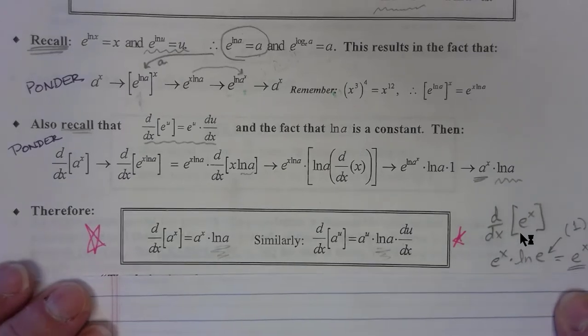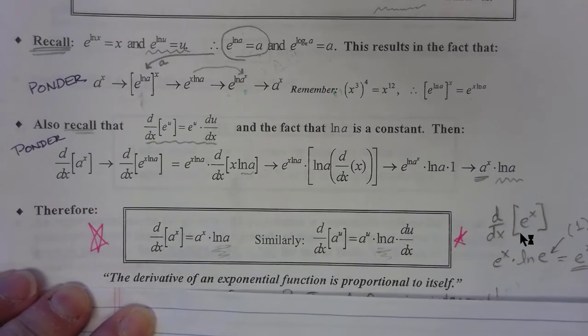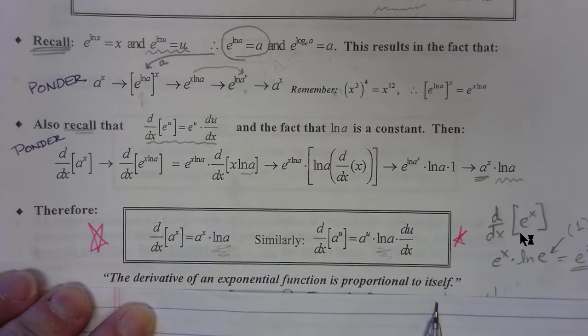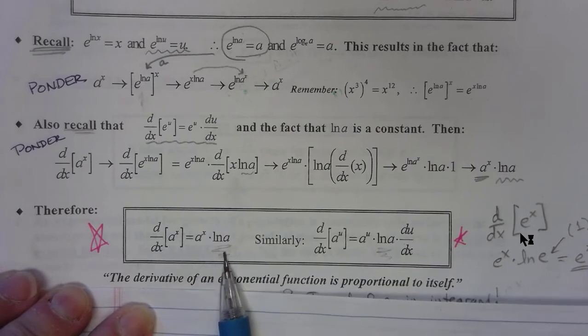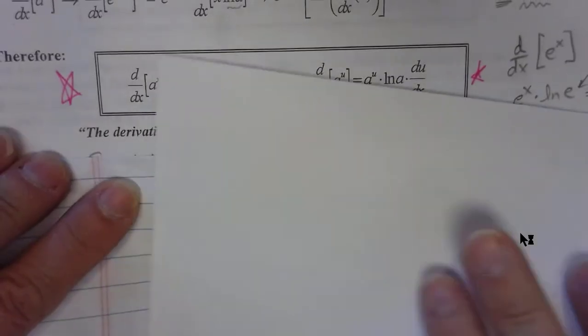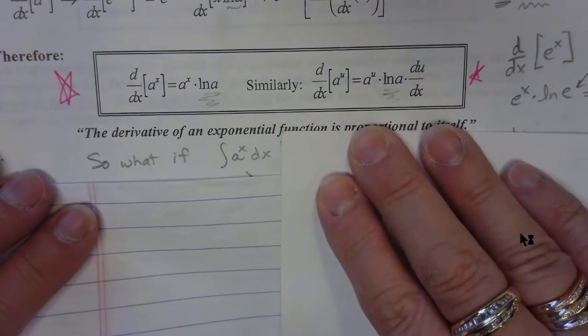Okay, so let us remember, the derivative of an exponential function is proportional to itself. What does that mean? It is the exponential function times some constant, which happens to be the natural log of the base. So let's just think ahead. What if I wanted to undo that derivative?